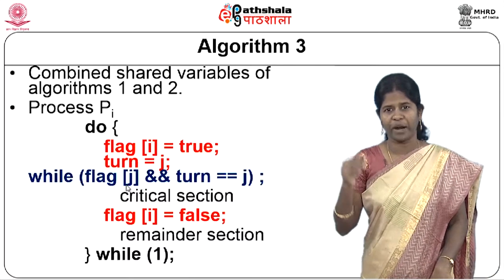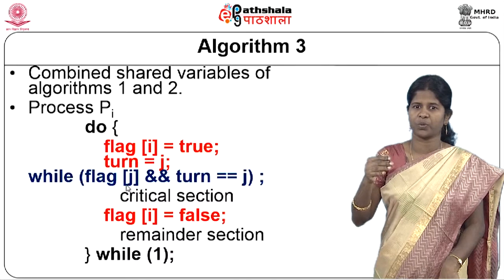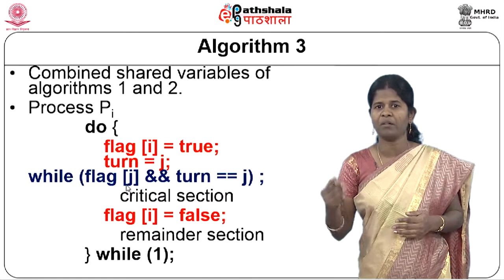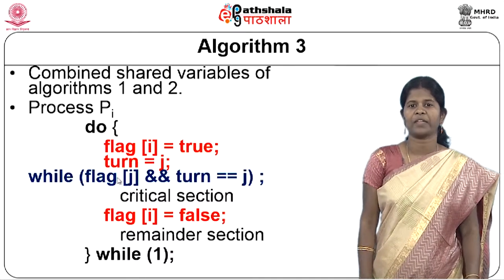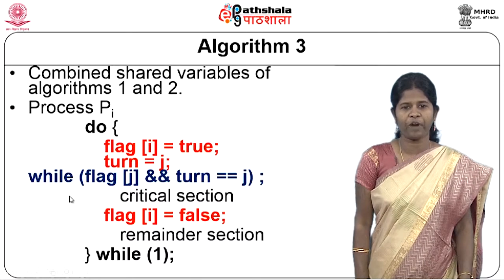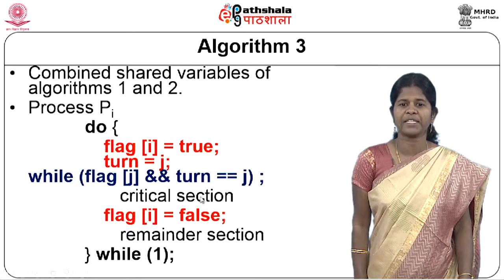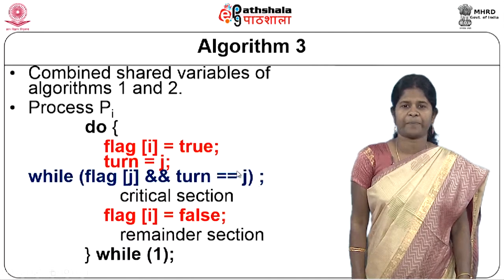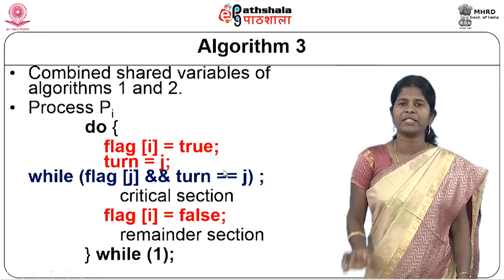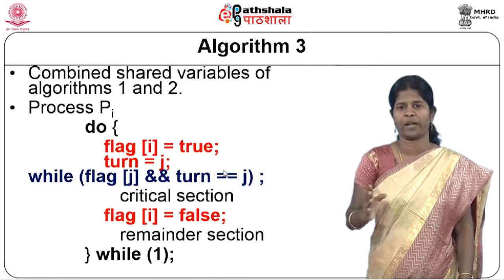When will flag of 1 be true? Flag of 1 will be true when process P1 wants to enter the critical section. And if flag of 1 is true, it also checks if turn is equal to j, if the turn variable is equal to 1.